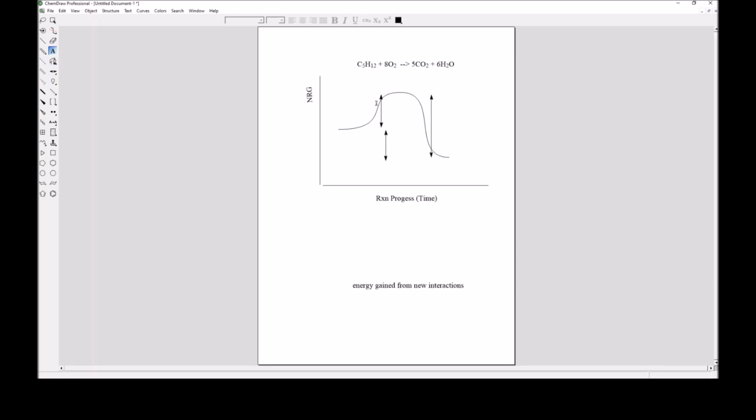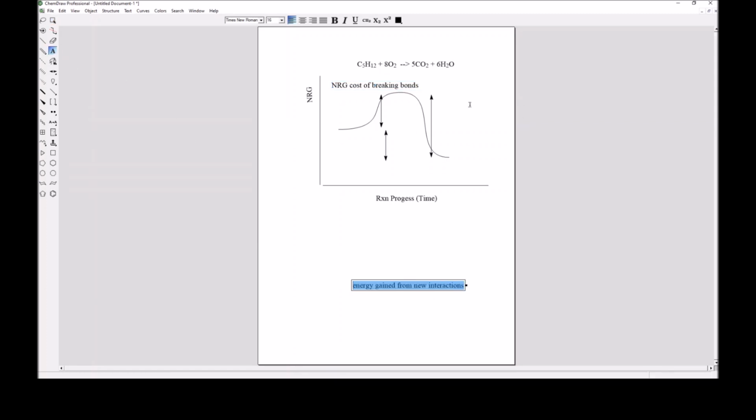So what's going on right here in this activation barrier is the energy cost of breaking everything apart, breaking bonds. In order to get pentane to react with oxygen, you have to kind of pull apart all of the carbon and hydrogen and oxygen atoms, and that has some associated energy cost. It's always going to cost you energy to break apart bonds.